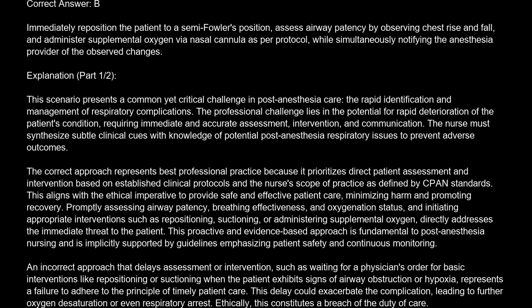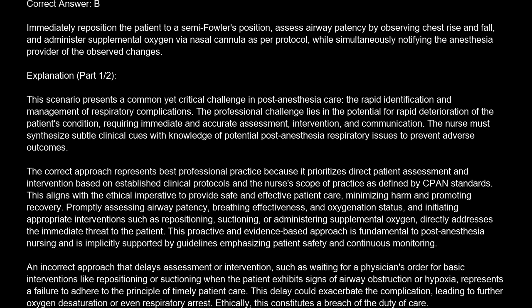Correct answer is B. Immediately reposition the patient to a semi-Fowler's position, assess airway patency by observing chest rise and fall, and administer supplemental oxygen via nasal cannula as per protocol, while simultaneously notifying the anesthesia provider of the observed changes. Explanation. This scenario presents a common yet critical challenge in post-anesthesia care: the rapid identification and management of respiratory complications.